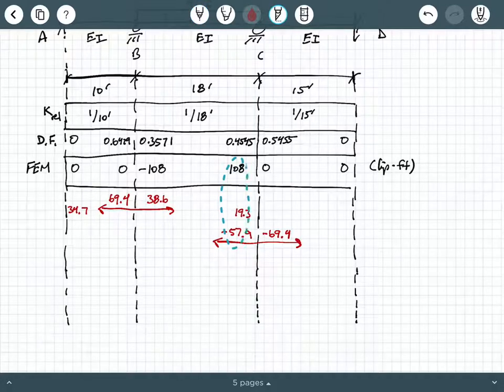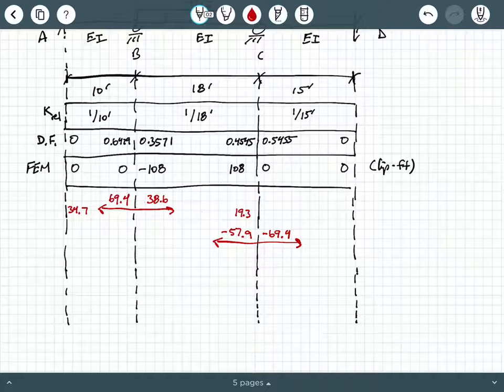And you can always make sure this is balanced by saying, if I sum these moments, I get a number. And if I sum these moments, I should get the same number, but the opposite sign, okay? So therefore, you should be getting the same magnitude of the sum of the moments on either side of the support, but opposite direction. One should be positive, one should be negative.